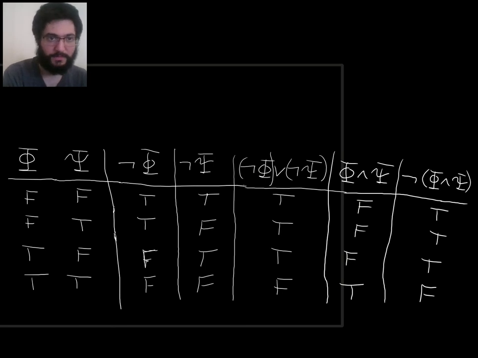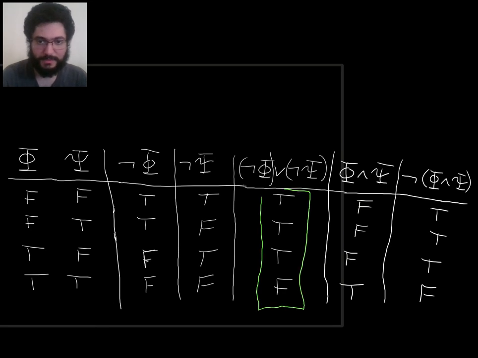And the point of looking at all those examples was to observe this interesting matchup here: in all situations, whether you have false, false, false, true, true, false, or true, true, in all cases you get the same outcome for these two different expressions.